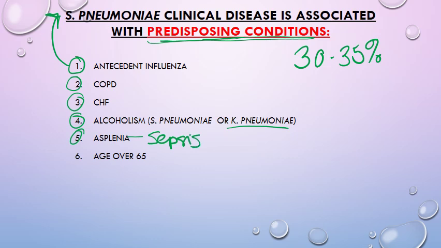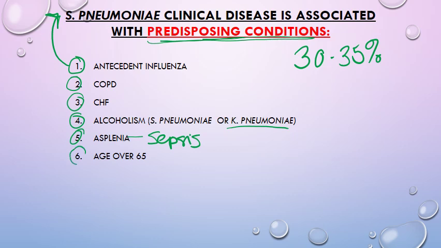Why? Well, the spleen is a filter. Normally it filters out phagocytes and antibodies that have attached to strep pneumo so that they can leave the body effectively. But if the spleen is gone, you're getting less filtration, and you can live without a spleen just fine. You're just more susceptible to some bacterial infections like Streptococcus pneumoniae.